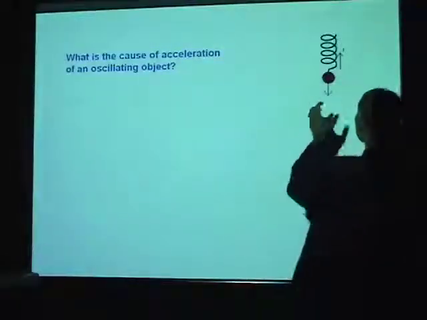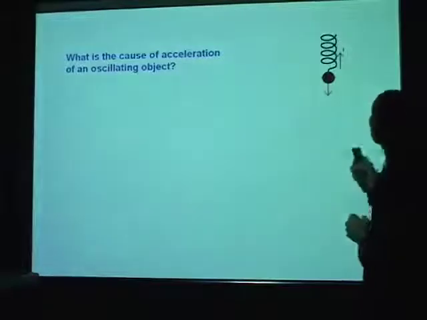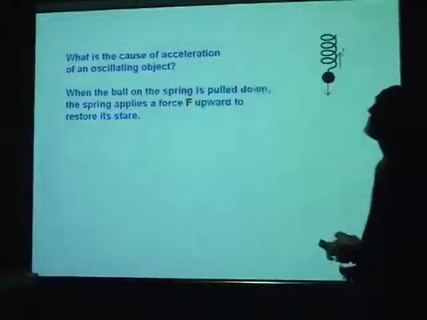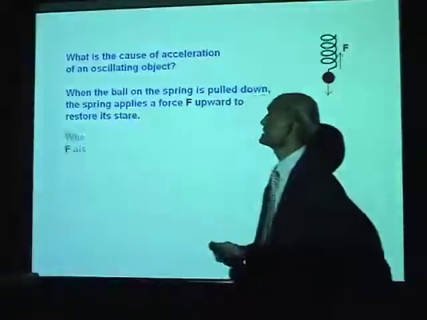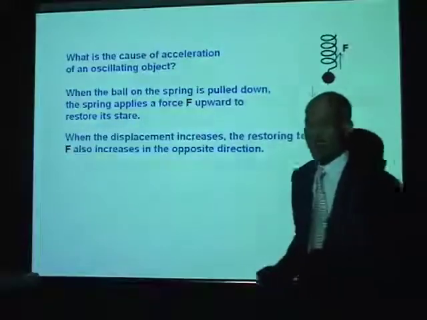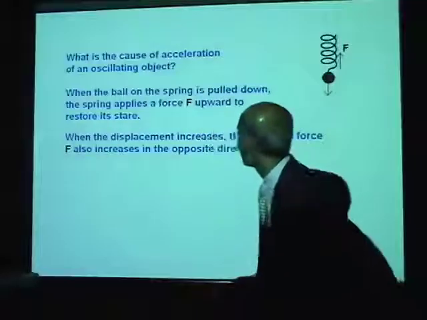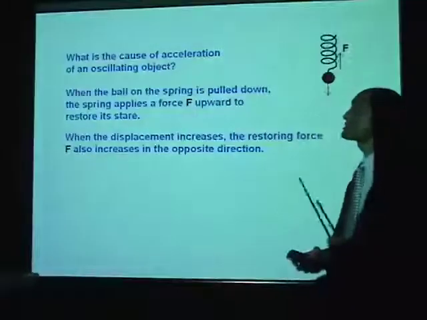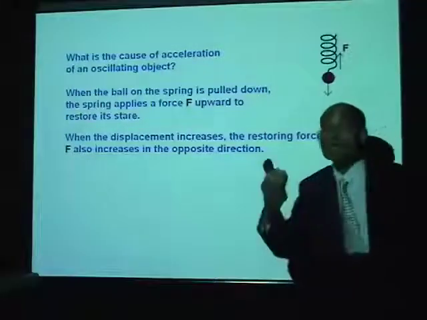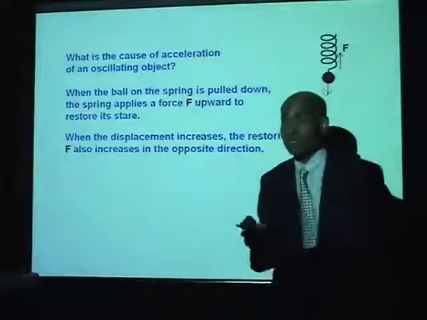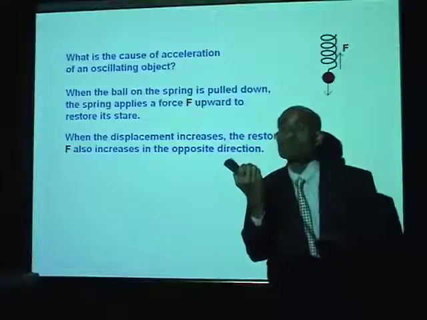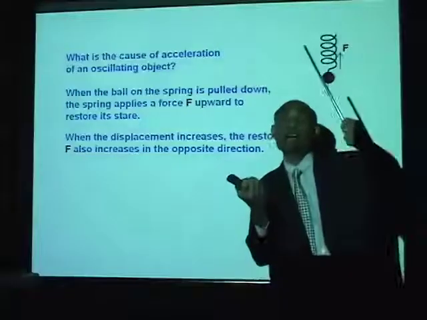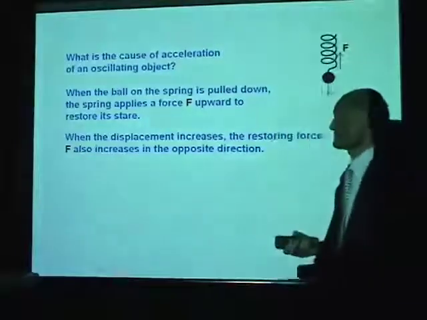Alright, so when you pull down the spring applies the force upward to restore its state. When the displacement increases, the restoring force F also increases, but in the opposite direction. Is that right? When you pull down the object more and more, the spring will pull you back with more and more force.